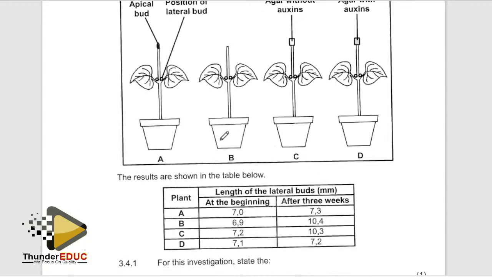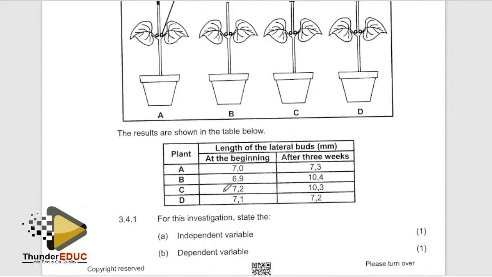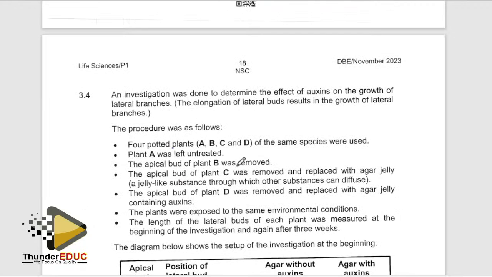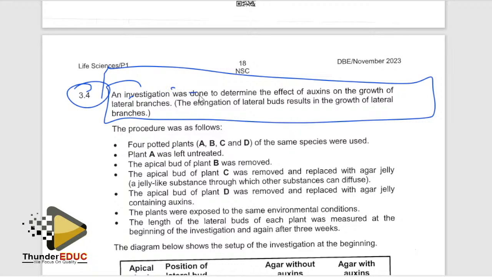This is easy to find here, or you can come here. The first statement, I always tell people that you got the first statement. An investigation was done to determine the effect of auxin on the growth of lateral branches.